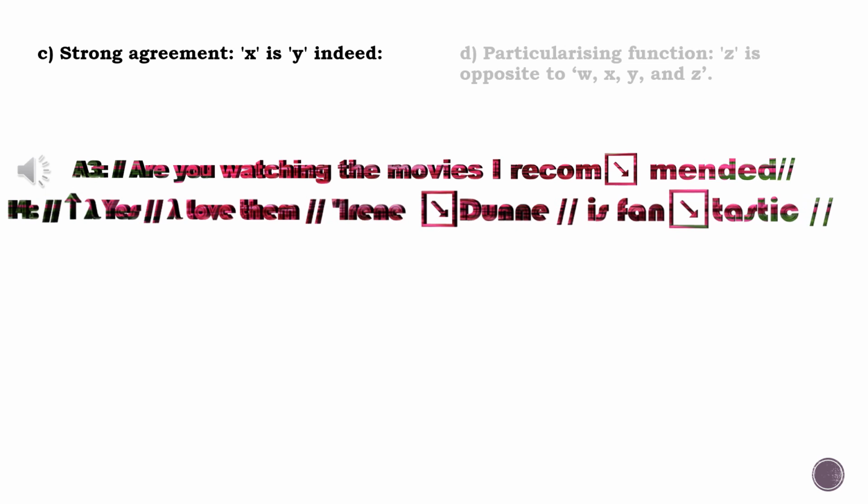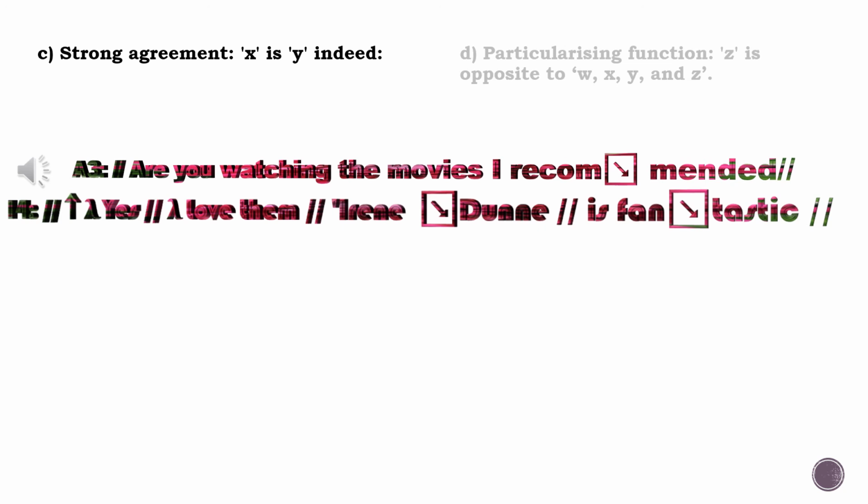So the idea with strong agreement and where the contrast lies is the fact that the person says the same type of information that the other person has expressed. So you can say, well, that's equivalence. But the difference lies in the way, not in the what, but in the how that information is expressed.